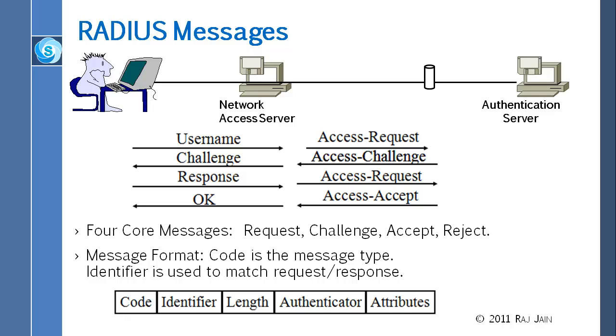At every point they need a NAS, and the NAS should be simple that way, and all the complexity is done here. There is not much more to this in RADIUS than this, but the basic idea is clear: we want to make the network access servers, which are large in numbers, very simple, so all they understand is the code.